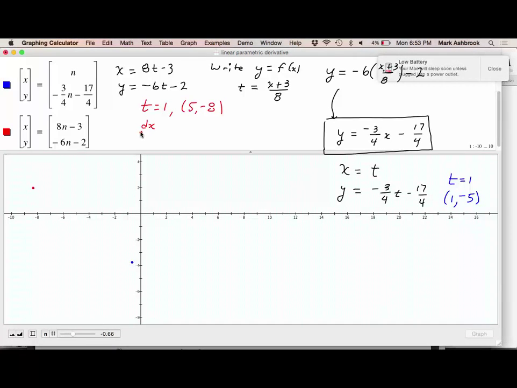Can I do dx dt? What is dx dt for the red function? 8.